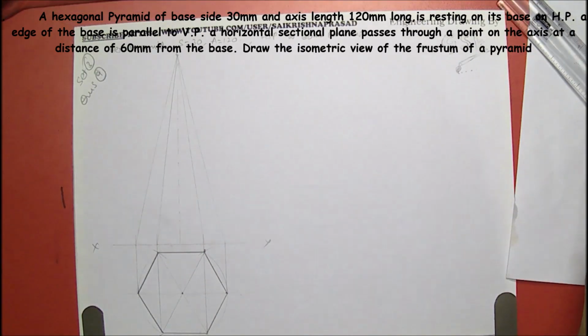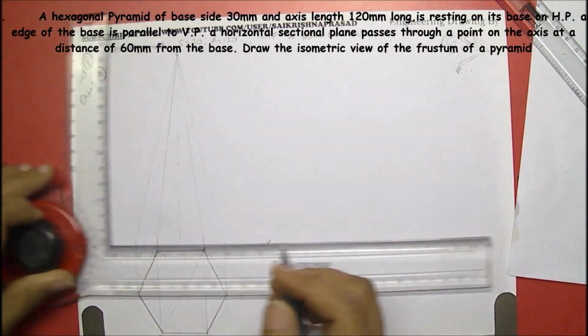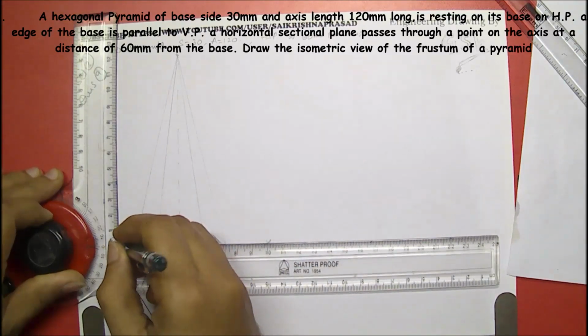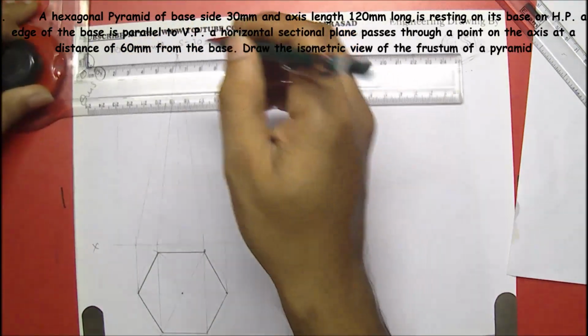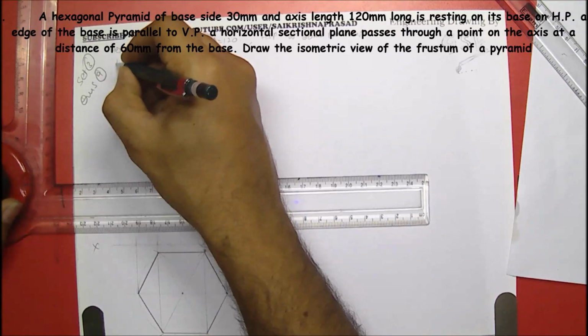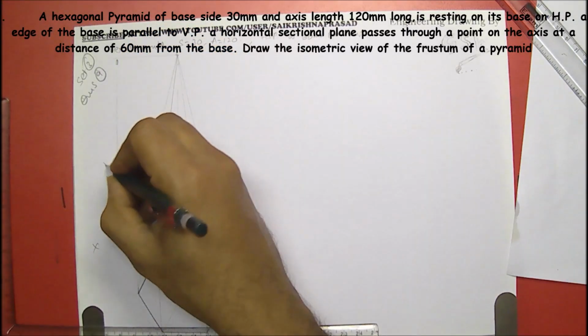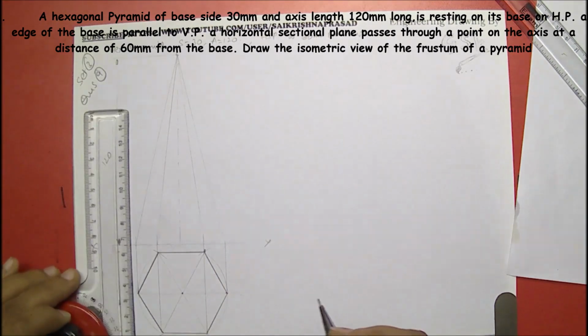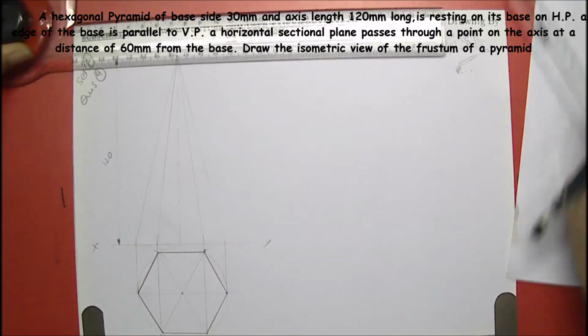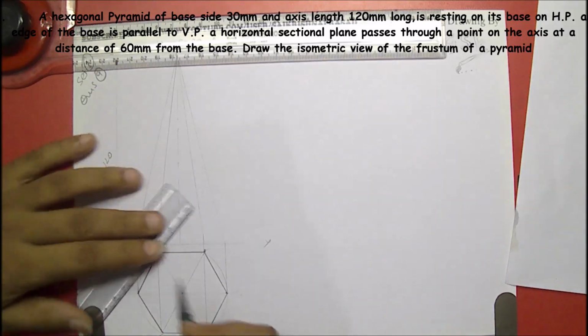Next we have to section this. So from the base, let me mention the dimensions over here. This is 120. The side of this pyramid is 30.